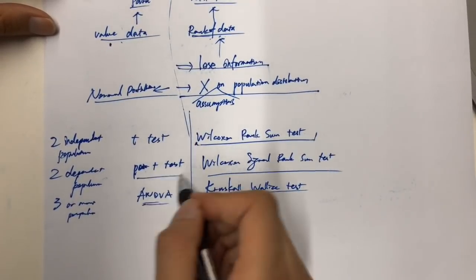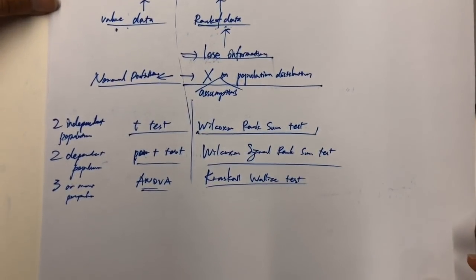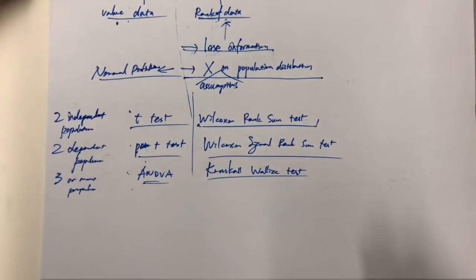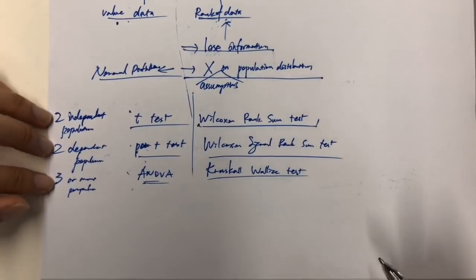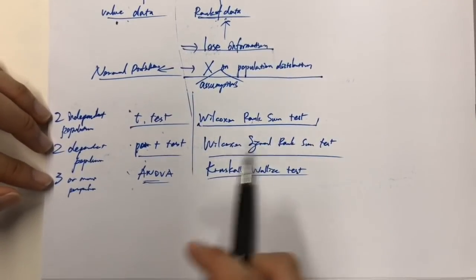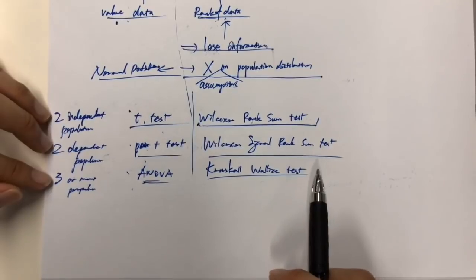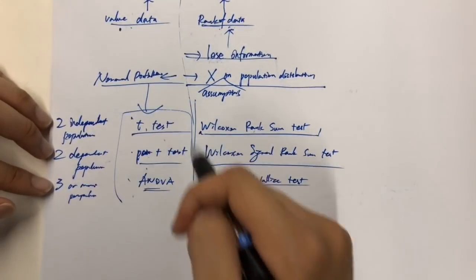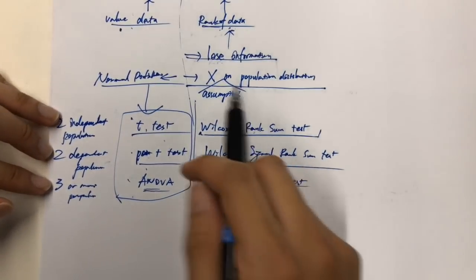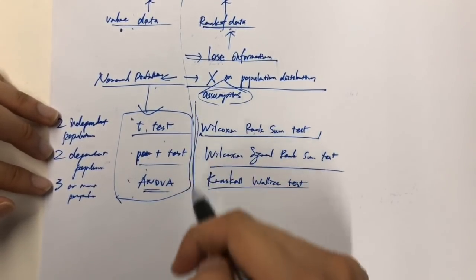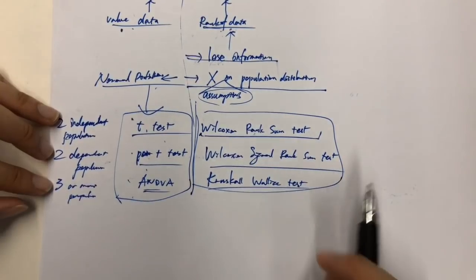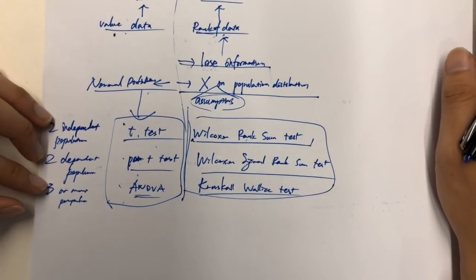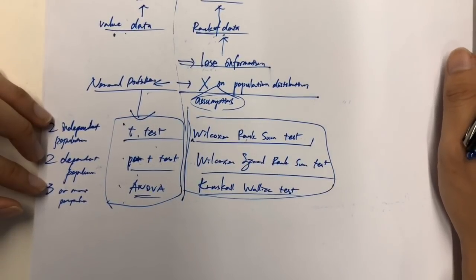Okay, so those are three different purposes of statistical inference, with the parametric tests and their corresponding non-parametric approaches. When the normal assumption is met, we prefer the parametric approach. If the normal assumption is not met, we use the non-parametric approach. Okay, so this is non-parametric testing.